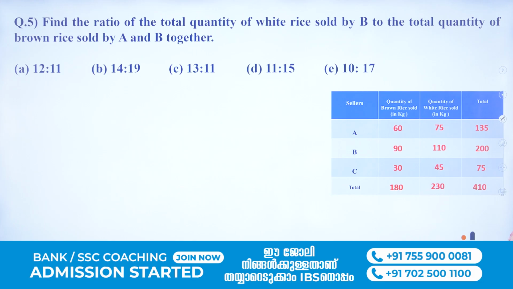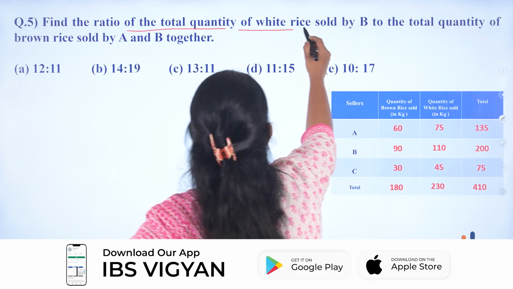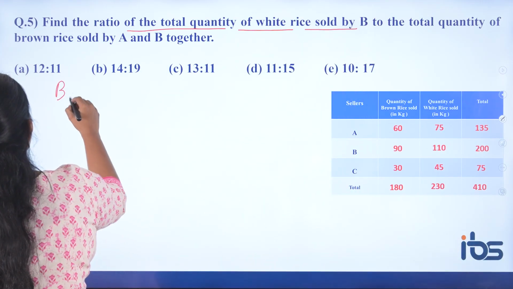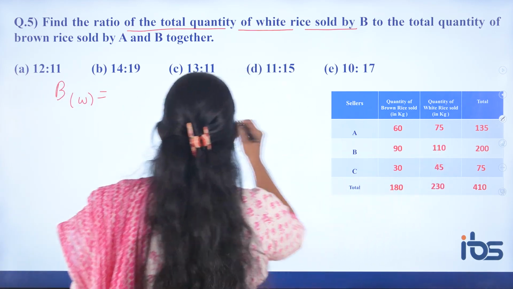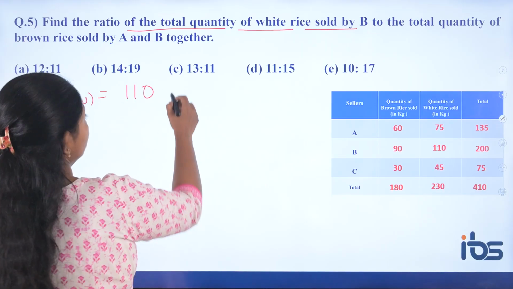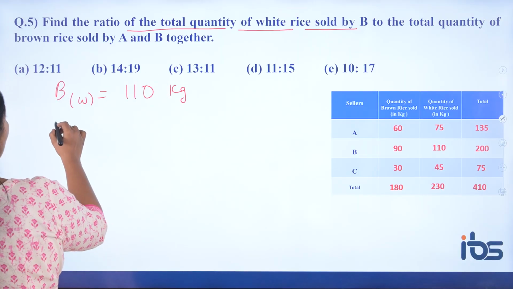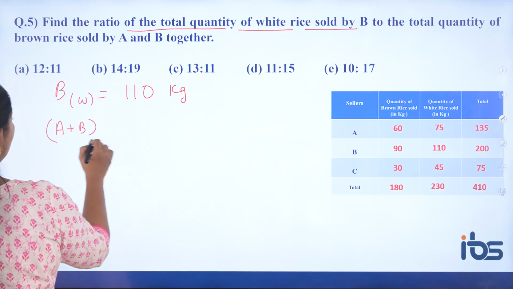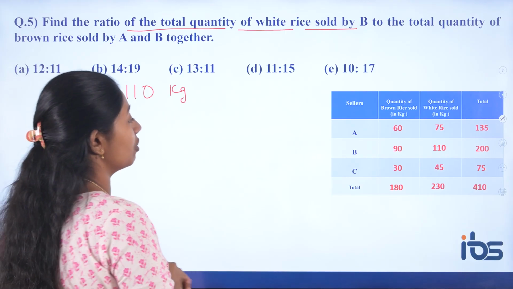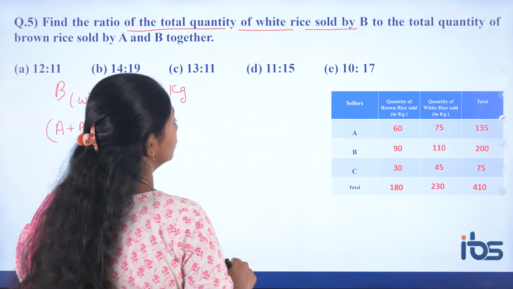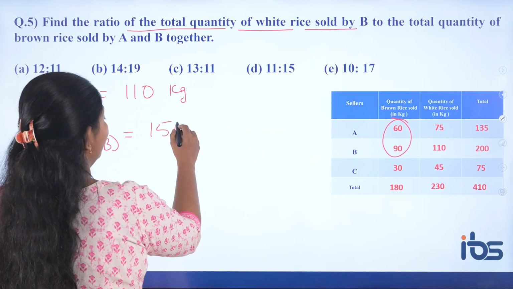So next one, last one. 5 questions will be asked. Find the ratio of the total quantity of white rice sold by B. B's white rice is 110 kg. Next, the total quantity of brown rice sold by A and B together. A plus B's brown rice is 60 plus 90, that is 150 kg.